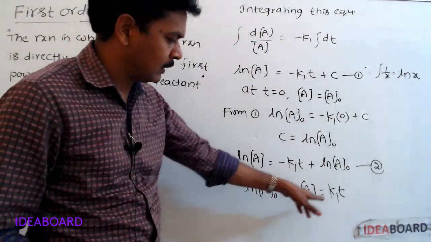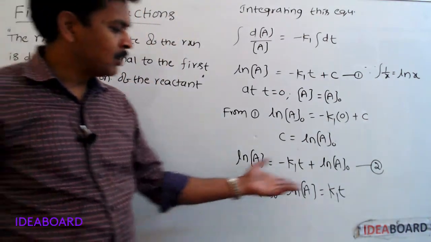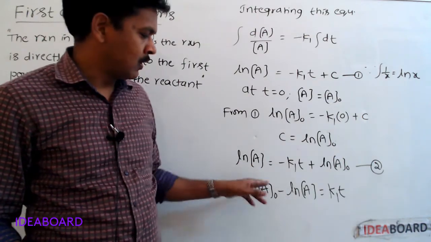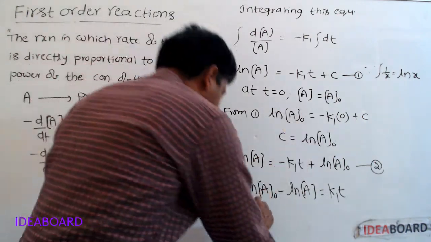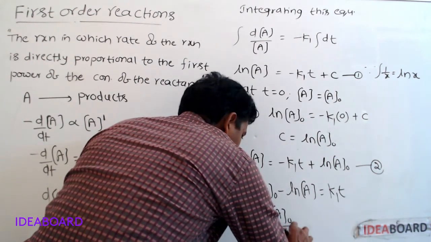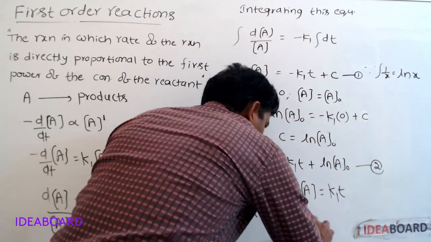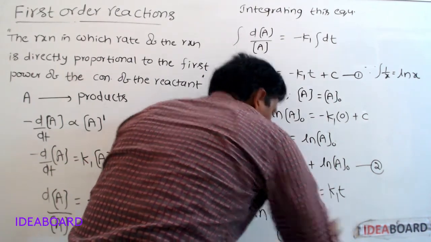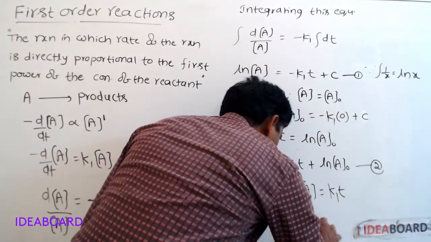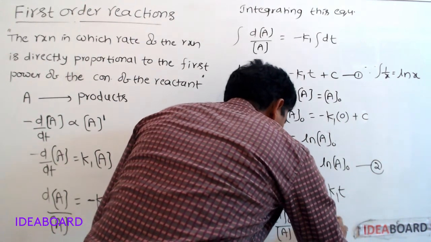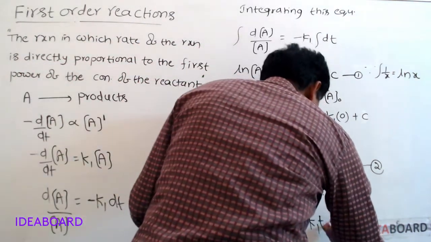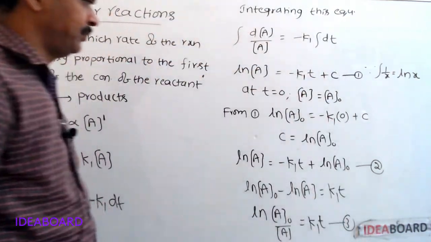We know the logarithm formula, log A minus log B is equal to log A by B. Then log A naught by A is equal to K1 into t. This is the third equation.